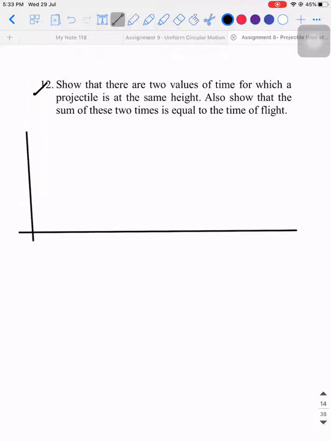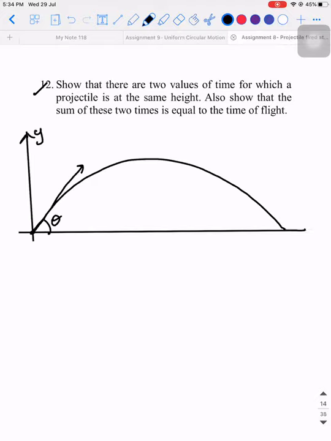So if I project a particle like this, and if I take this as theta, if this is y and this is time, where all do you find the y values to be the same? Logically, one is at 0, 0, and the second should be at r, 0.